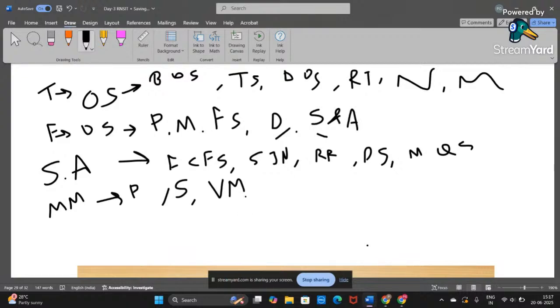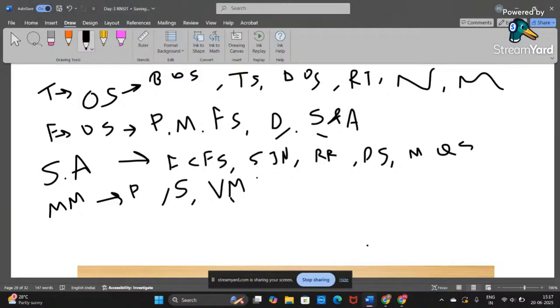Then virtual memory uses disk as extended RAM, and it also uses demand paging and page replacement algorithms like FIFO and LRU. FIFO means first in first out. LRU means least recently used. That we studied under virtual memory.